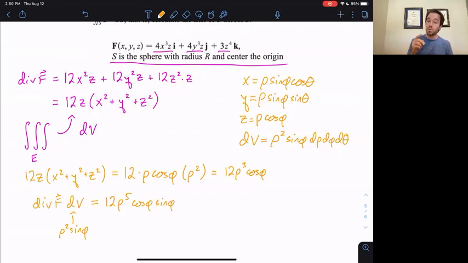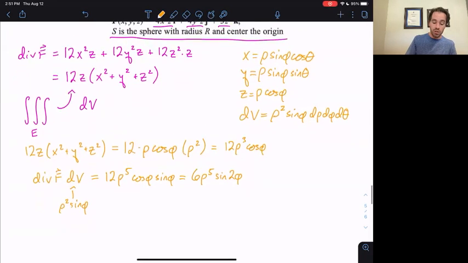We're going to make the usual substitution we make when we have cosine phi sine phi, which is that that's equal to 1/2 sine of 2 phi. 1/2 times 12 is 6. So this becomes 6 rho to the fifth sine of 2 phi.